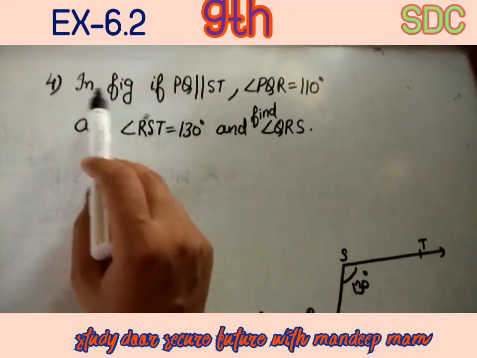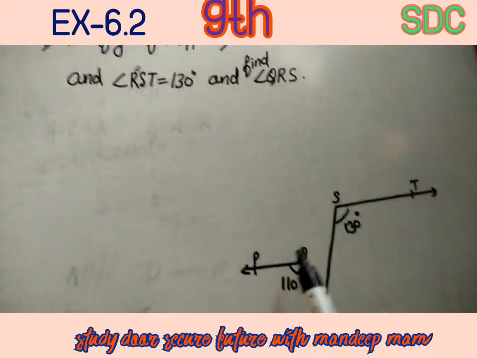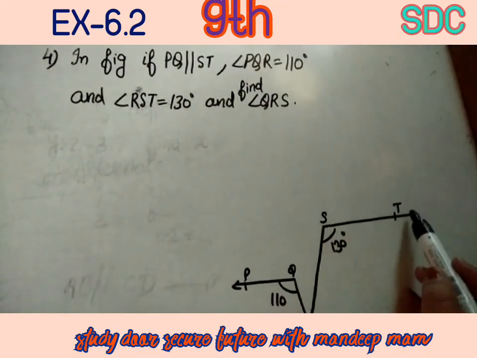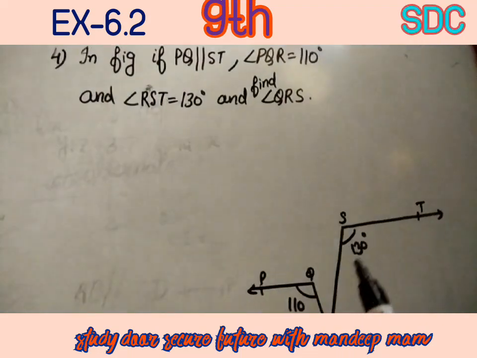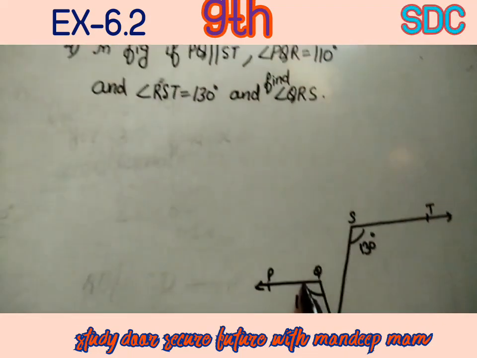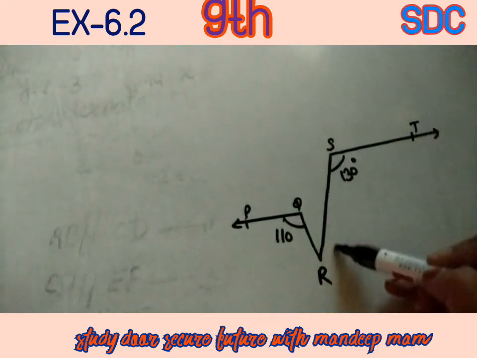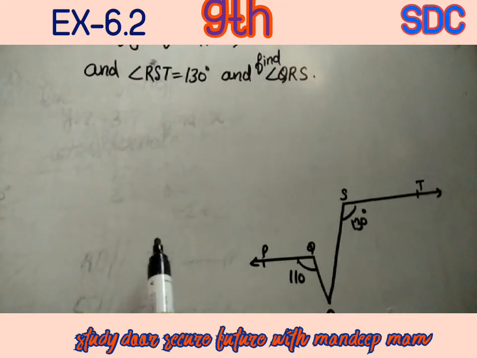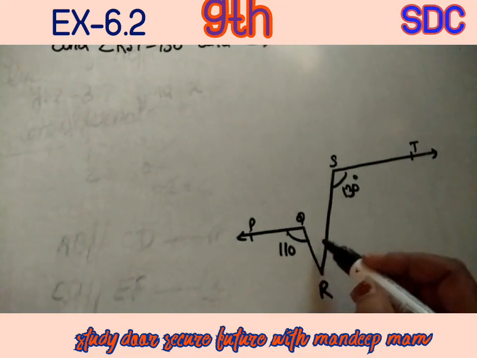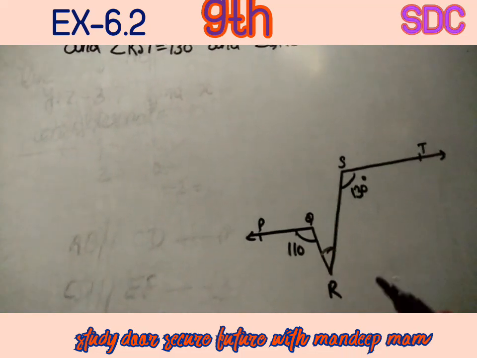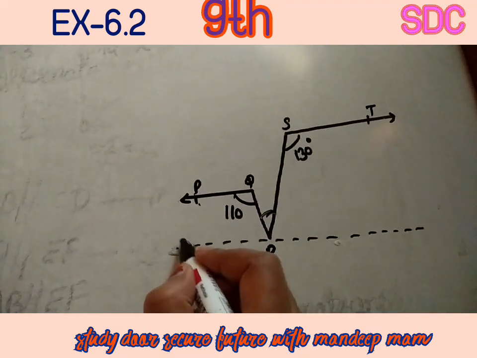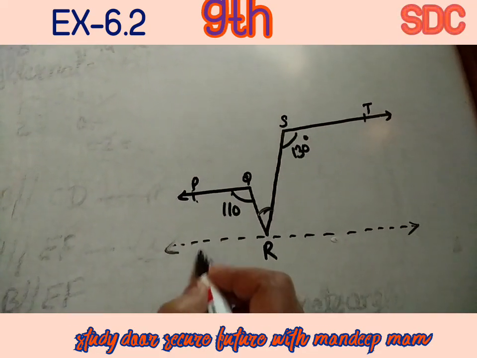Now in the fourth question, in the figure, if PQ is parallel to ST, we know that these two lines are parallel, and angle PQR is equal to 110 degrees, and angle RST is equal to 130 degrees, and we have to find the angle QRS. We have to find out this angle. First of all, we will take a parallel line MN.